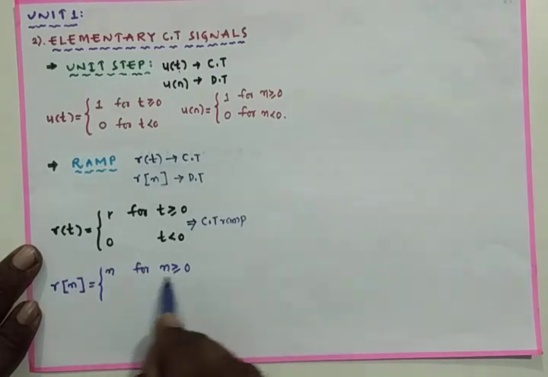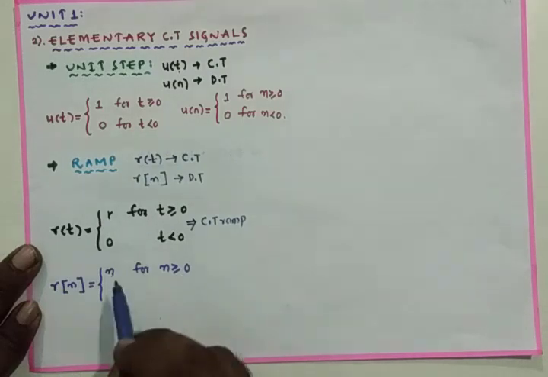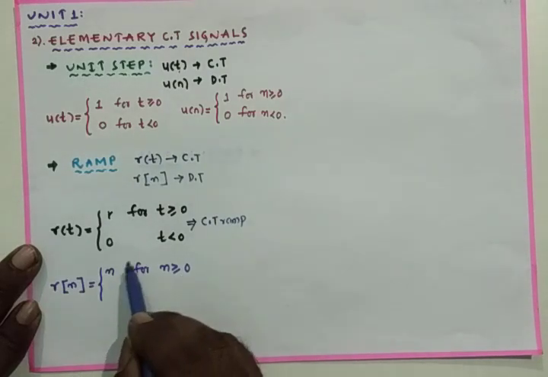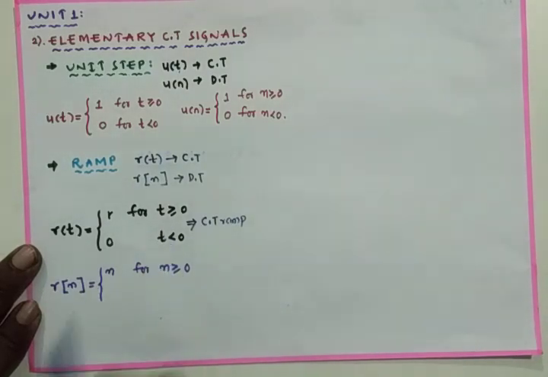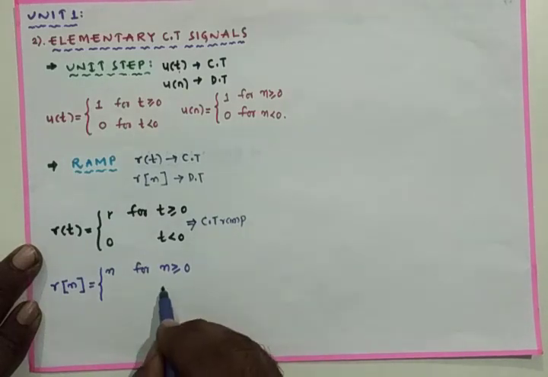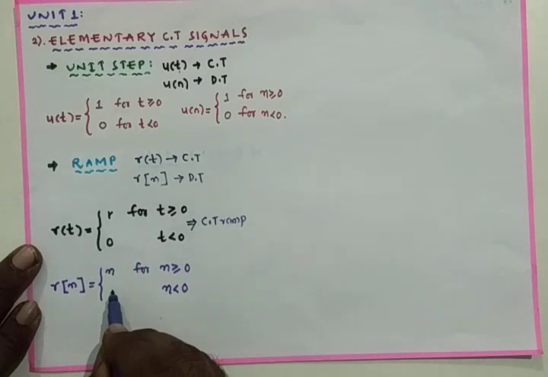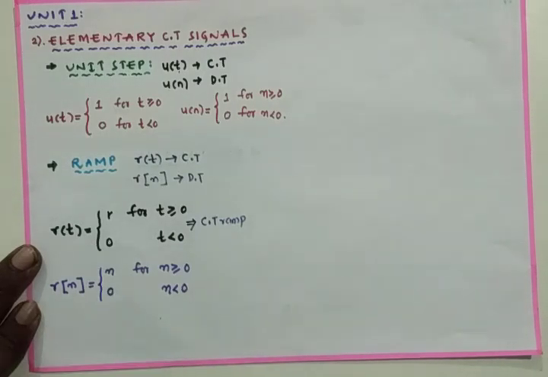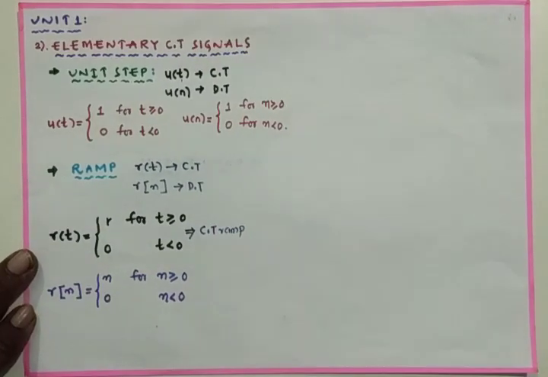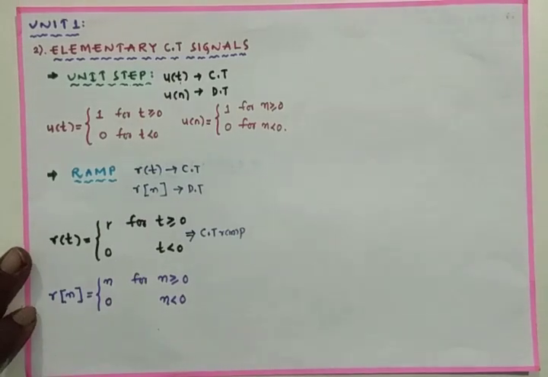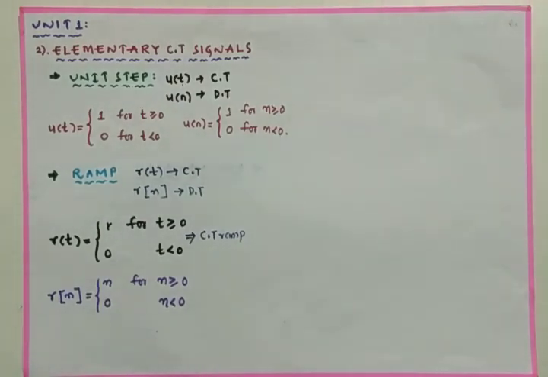For all the positive values of the independent variable, the value is linearly increasing with respect to the independent variable. If the independent variable value is negative, then the amplitude of that signal will be 0. By making use of this mathematical representation, we can easily draw the ramp signal.